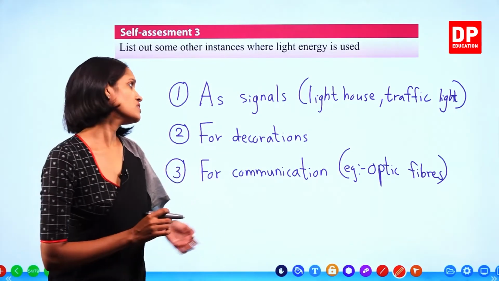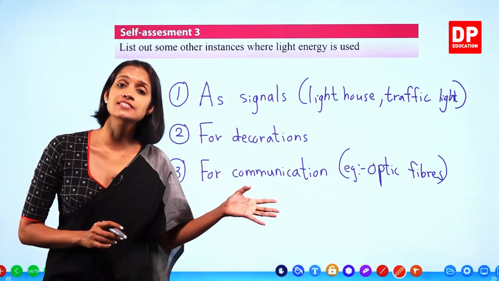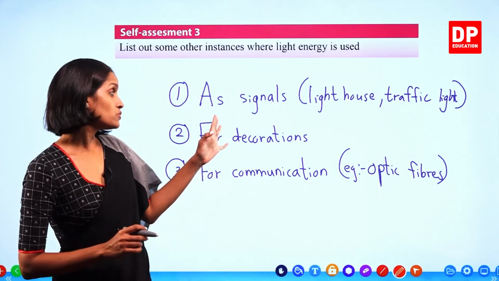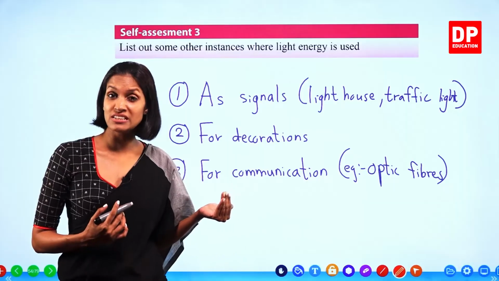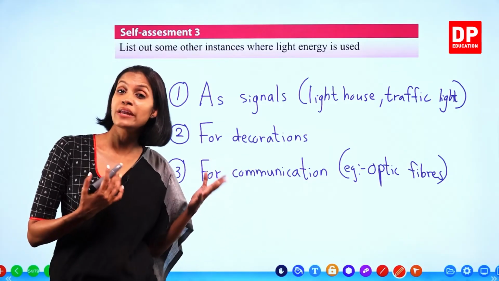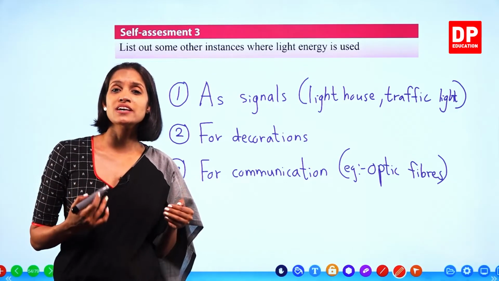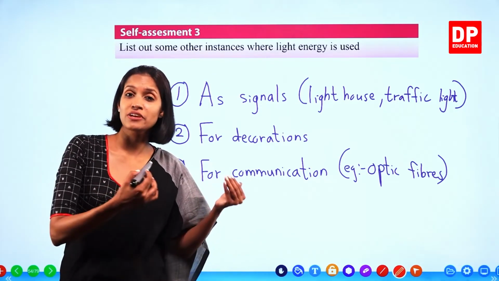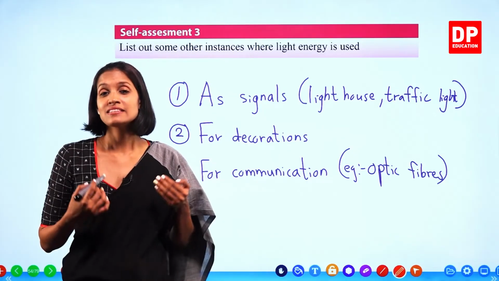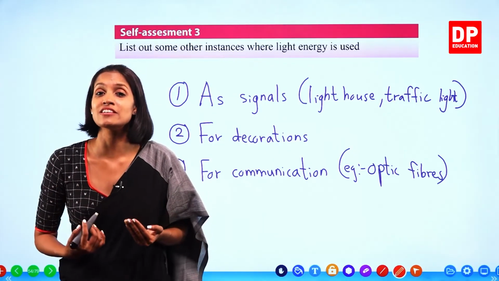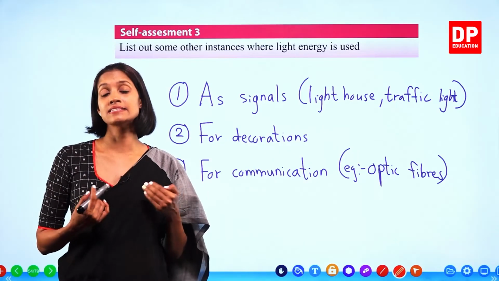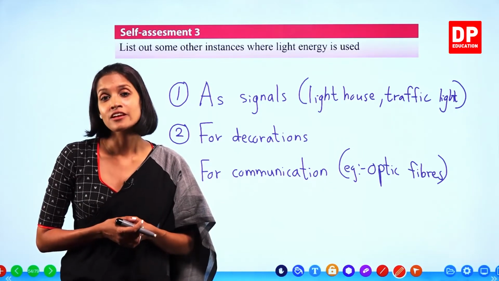Right, children? What else? What are the other instances we use light? Do you remember even last year we learned that light is used in the medical field? I hope you remember that one. So there's a special type of light rays called laser rays. This laser light or laser rays is used in many instances in the medical field, right?